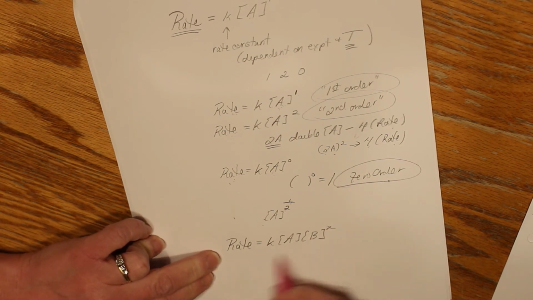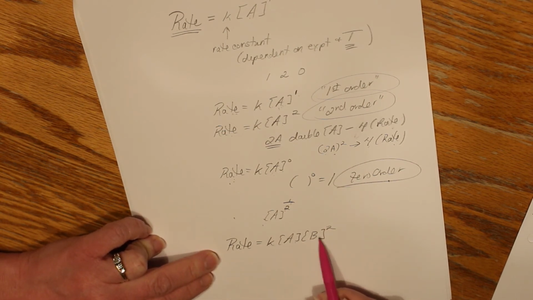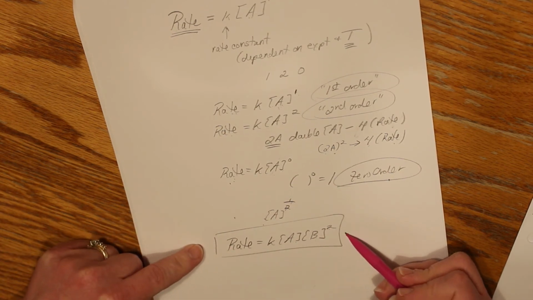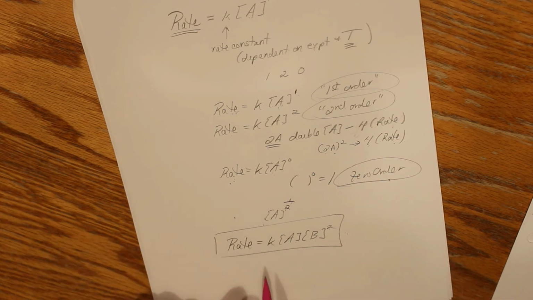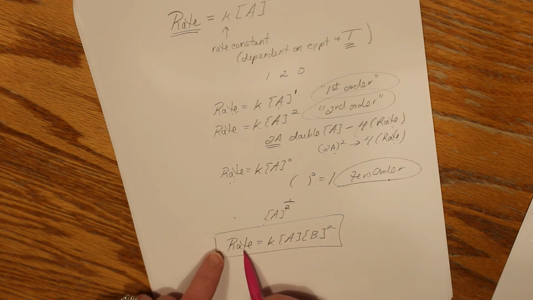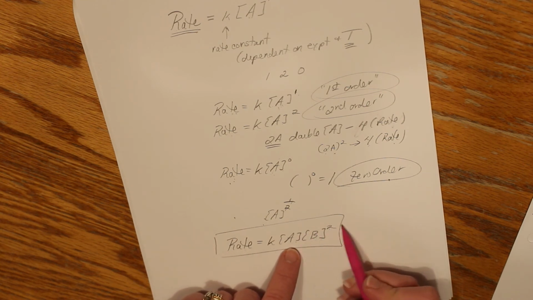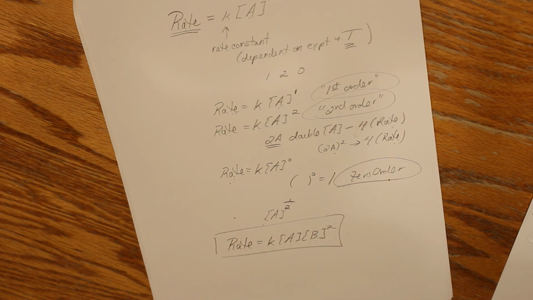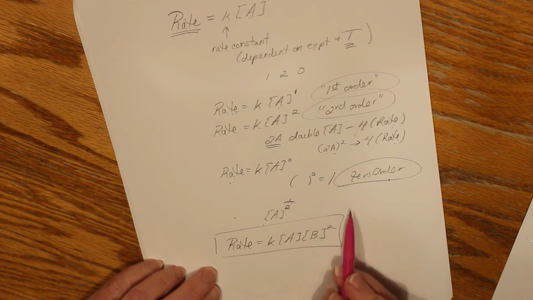We could have a reaction that is first order in A, but second order in B. So that is the basic presentation of a rate law, lowercase k, called the rate constant. We have the potential for each reactant concentration to play a role on rate, but the exponent shows us really the impact that each reactant has on the rate. Stay tuned for more information, particularly about how we use experimental information to come up with the rate law.